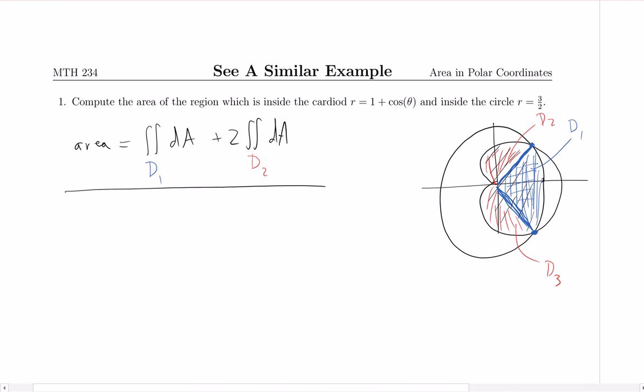Okay. So first we have to figure out how to describe D1 and D2 by inequalities so that we can write the bounds on these integrals. In order to do so, we need to figure out where these blue points in the picture are, where the 2 curves intersect. And this isn't too hard to do.